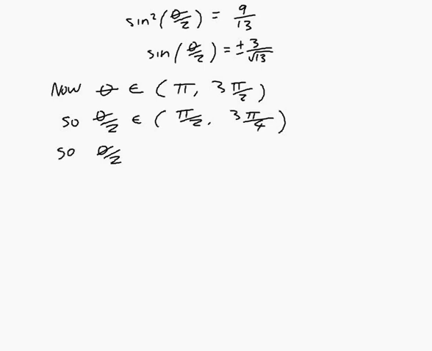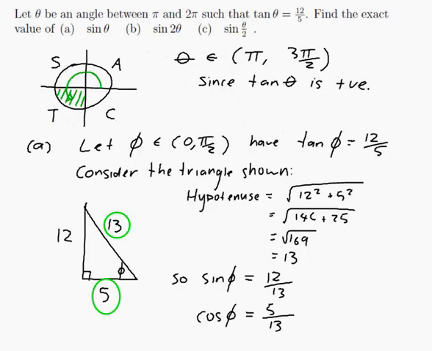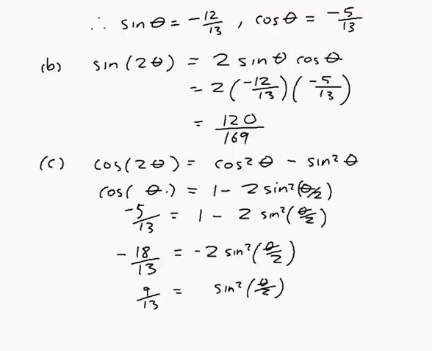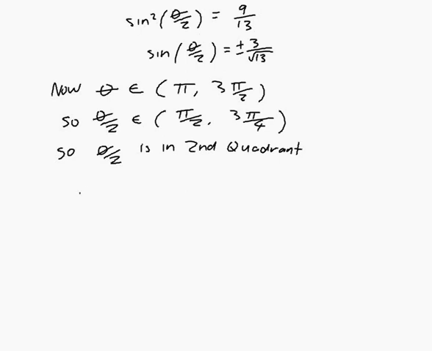So theta on 2 is in the second quadrant. And in the second quadrant, sine is positive. So therefore sine theta on 2 is equal to plus 3 on root 13. And that's the end of the question.